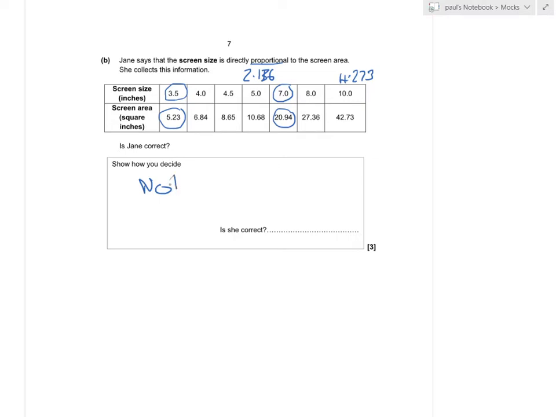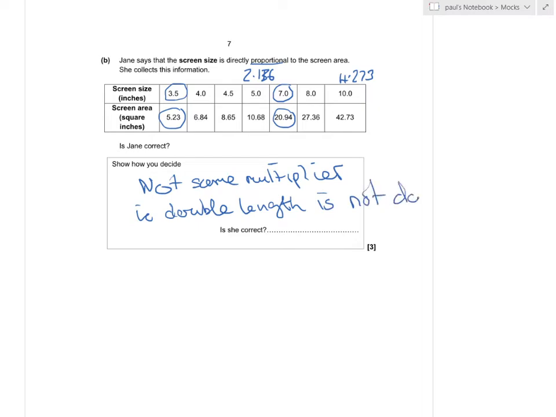No, not the same multiplier. I.e. double length is not double area.